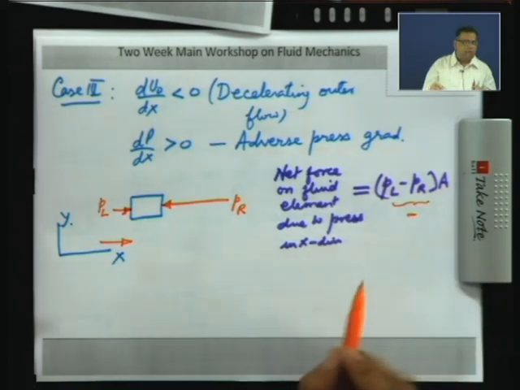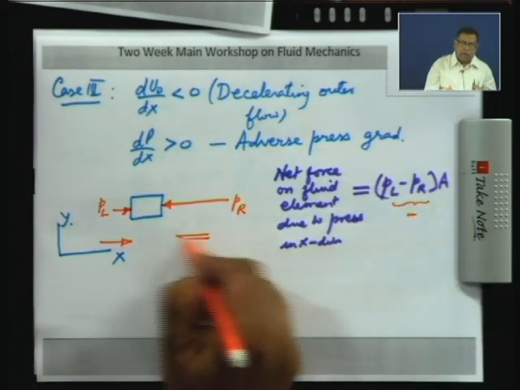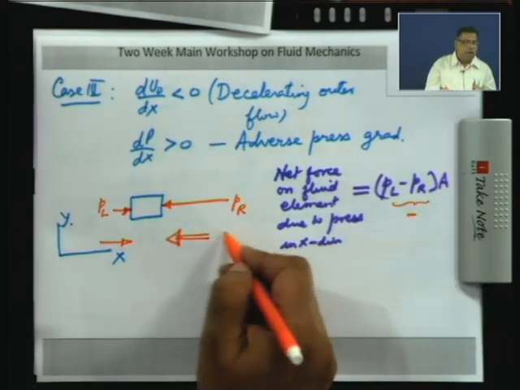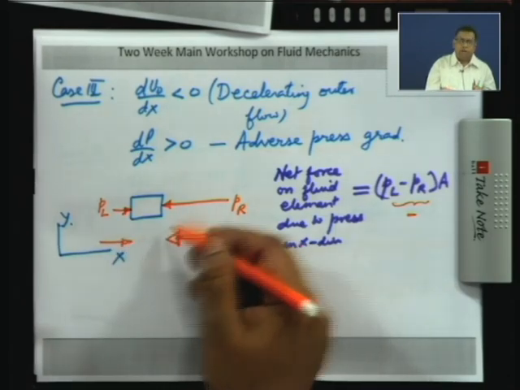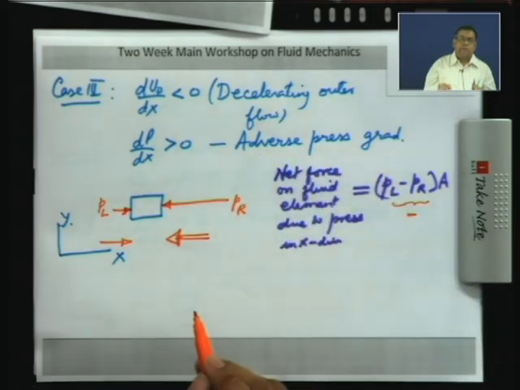So, this is negative. So, the net force due to pressure, if I show by this double arrow, is going to be in the negative x direction, it is opposing the direction of motion of the fluid. So, it is called an adverse pressure gradient.